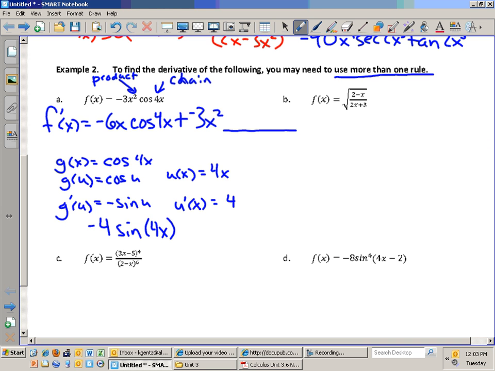So that's what goes here, so times negative 4 sine of 4x. So I guess really my derivative is negative 6x cosine of 4x plus 12x squared sine of 4x. So technically that would be the derivative then.